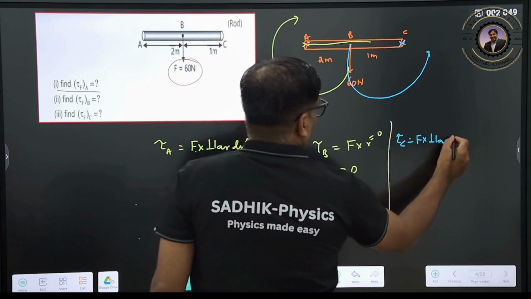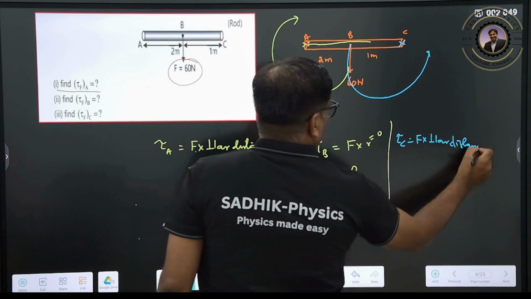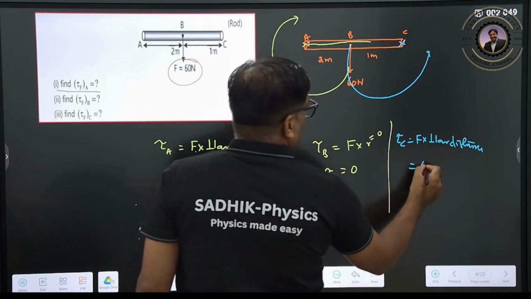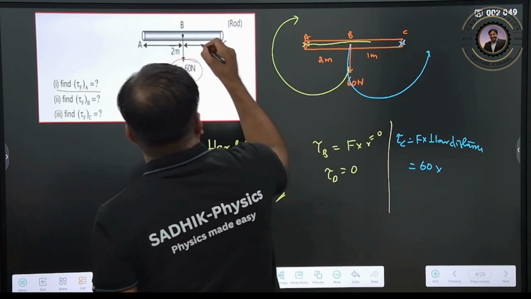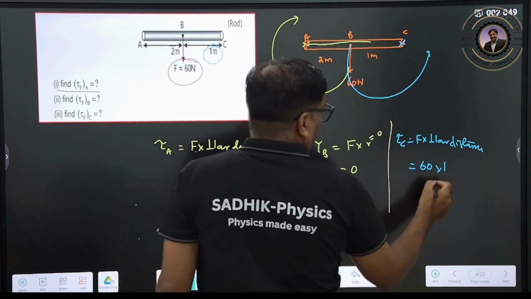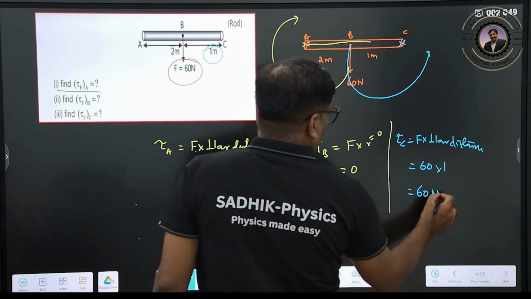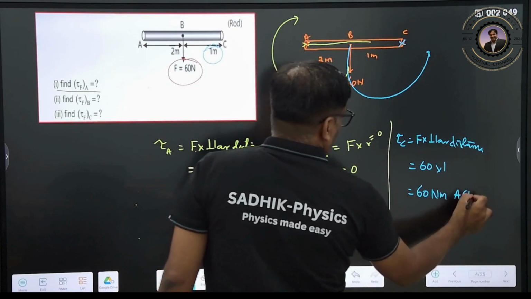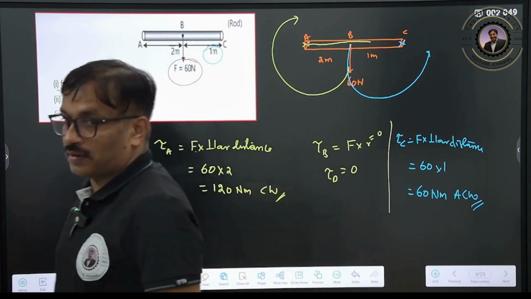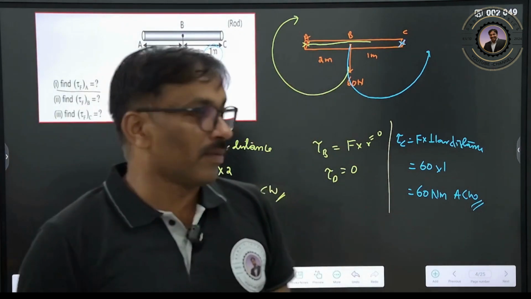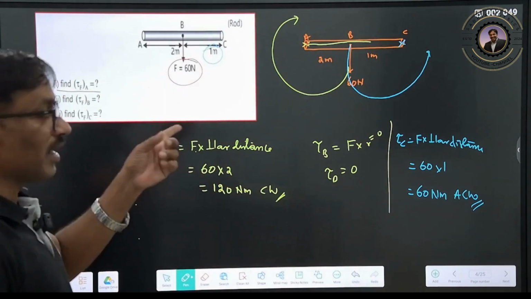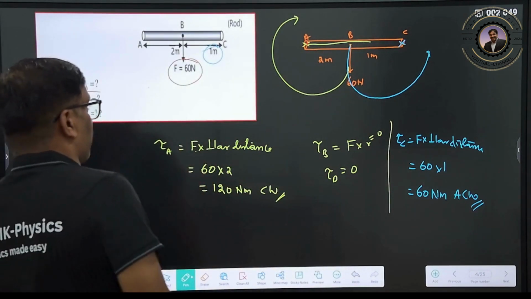Force is 60 newton, and the distance given is 1 meter, therefore 60 newton meter, anti-clockwise. Clear? In this way you can solve the problems very easily. Finding the directions is also very important.